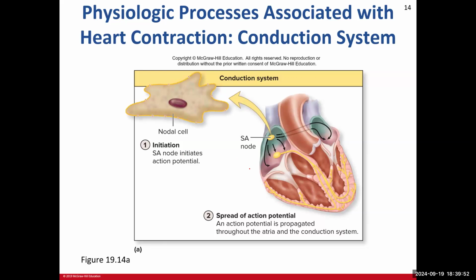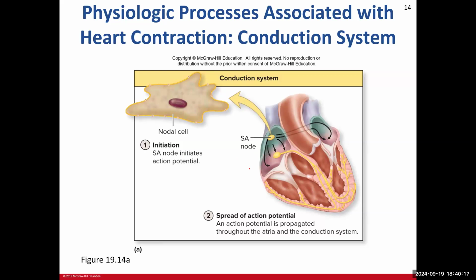You can see here, right, with all these arrows, the action potentials will spread from the right atrium to the left atrium, but also they'll go inferiorly down towards the AV node there. And so as we depolarize, we're going to see, all right, contraction following that. Right, so these cells here are going to initiate that process.